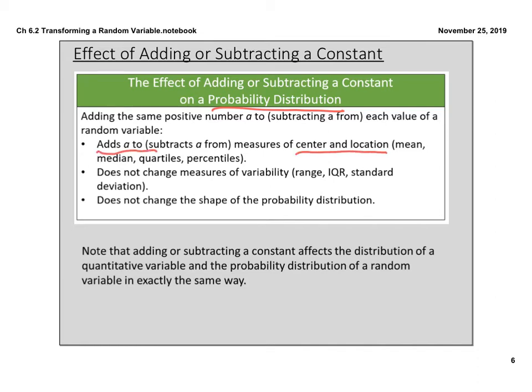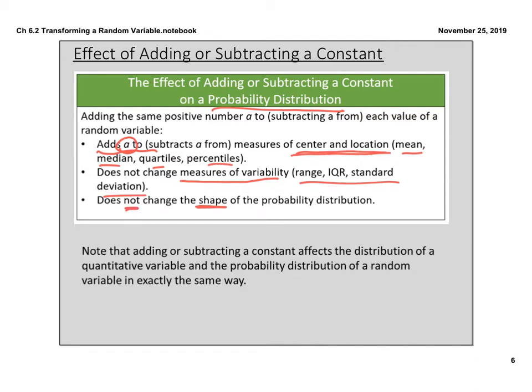You have to add or subtract from the measure of center. So if you're looking at mean, median, the quartiles, or the percentiles, all of that shifts, okay? But the measure of variability does not change. The range, the IQR, the standard deviation, it does not change. And it also does not change the shape. So that's a good thing too.